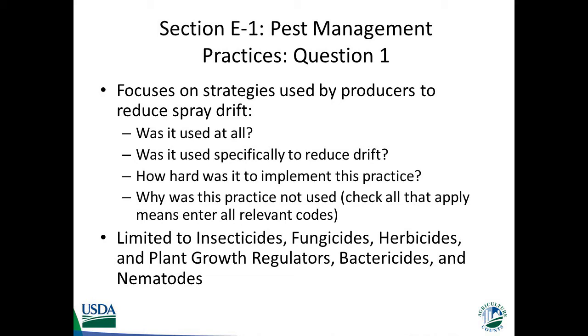If there is more than one reason why the practice was not used, enter all appropriate codes on the line in numeric order. If there is some other reason the practice was not used that is not listed as an option in column 4, for example, the practice was not necessary, then enter that specific reason in words on the line which says specify.